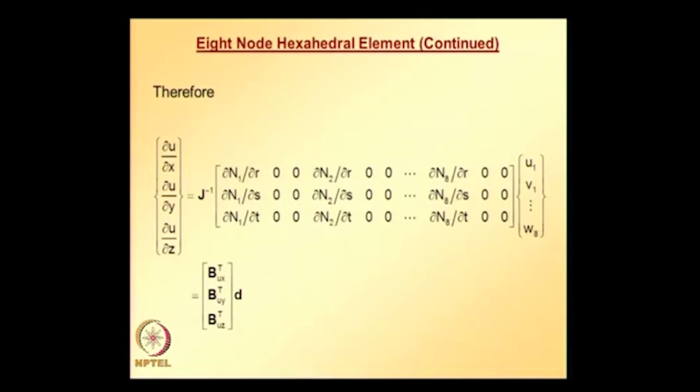So, this gives partial derivatives of displacement along x direction with respect to x, y, z. Similar relations can also be developed for partial derivatives of displacement component along y direction, z direction with respect to x, y, z.